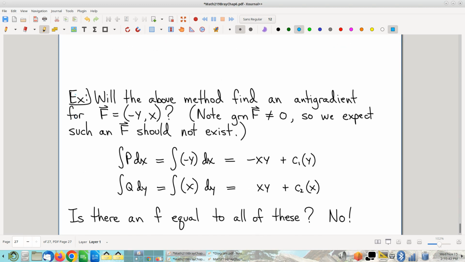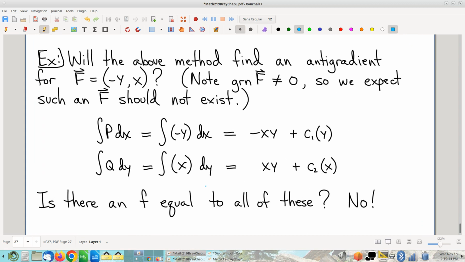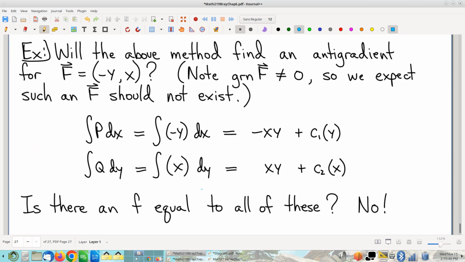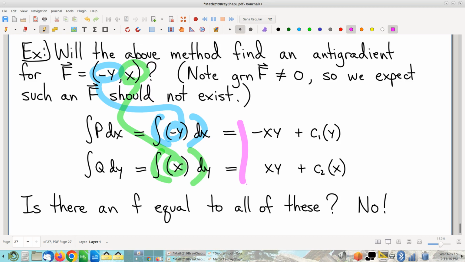Okay, so how does this method lose for this example here? Again, let's try to find an antigradient that we know doesn't exist. Well, I'm going to have to take the first coordinate again and do the x anti-partial of that. I've got to take the color choices here. Second coordinate, I've got to do the y anti-partial of that. Again, don't forget your partial constants.